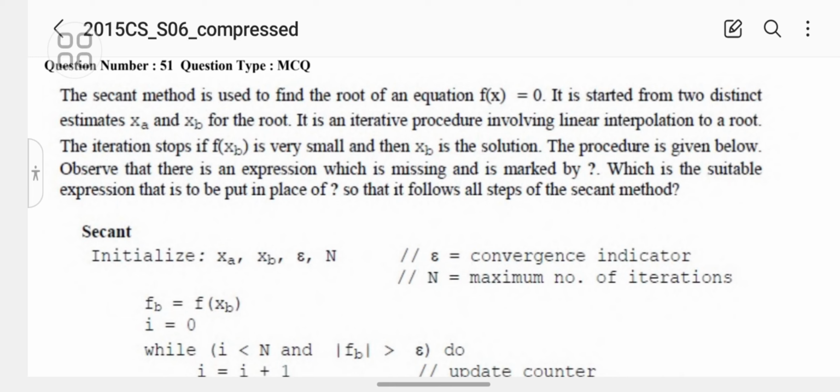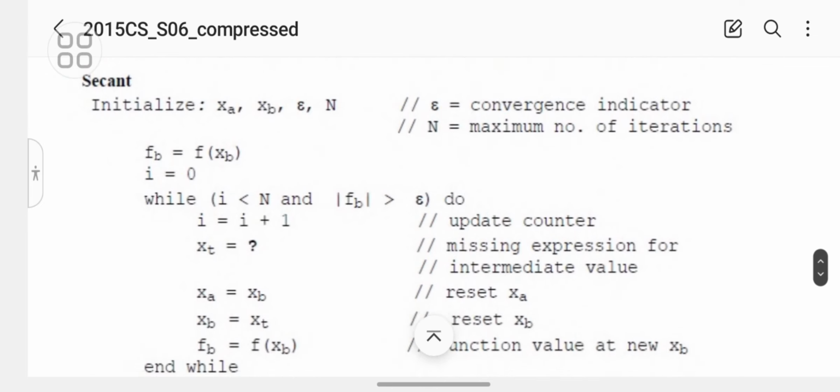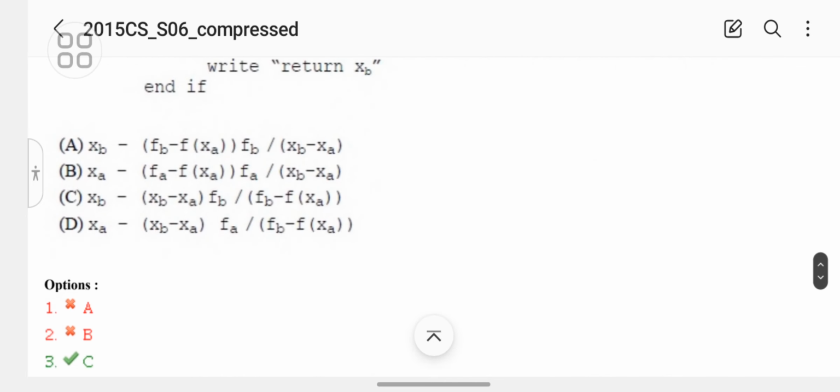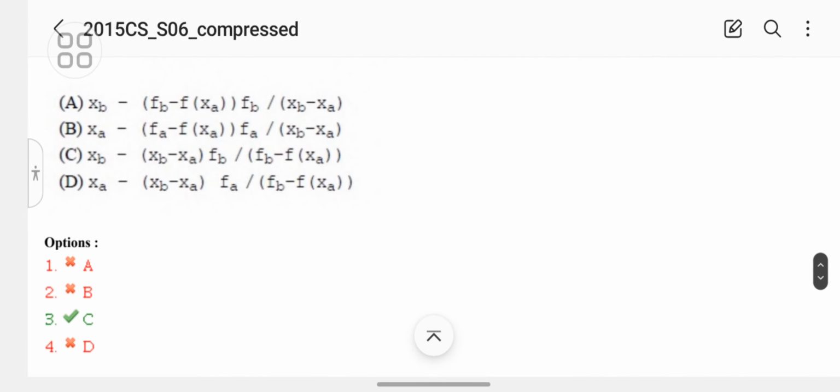Observe that there is an expression which is missing and is marked by a blank. So which is the suitable expression that is to be put in place of the blank so that it follows all steps of this secant method. So this is the secant method that we have, and for this C will be our answer, xb minus xa, fb divided by fb minus f of xa.